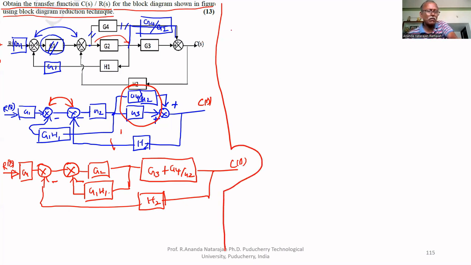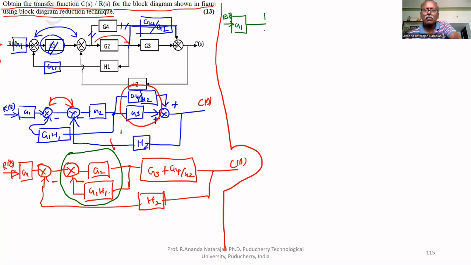Now we can simplify this part. Therefore, what you will get is R(s), G1.